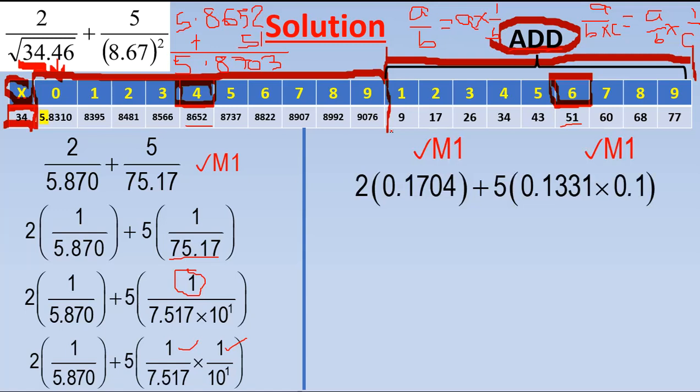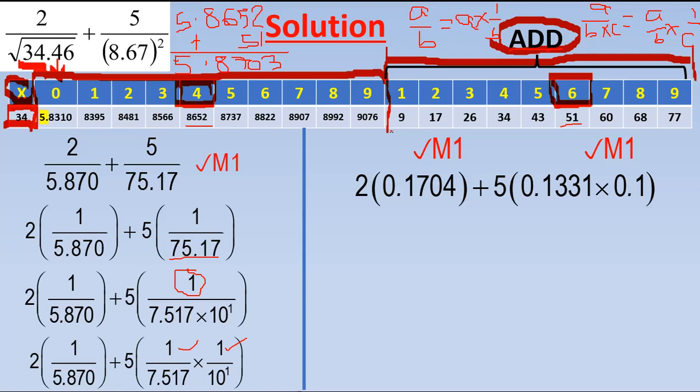The reciprocal of 5.870 is 0.1704. That of 7.517 is 0.1331. I would suggest that you pause the video and go to your reciprocal tables and read out the reciprocals. In the mean differences column, you subtract.